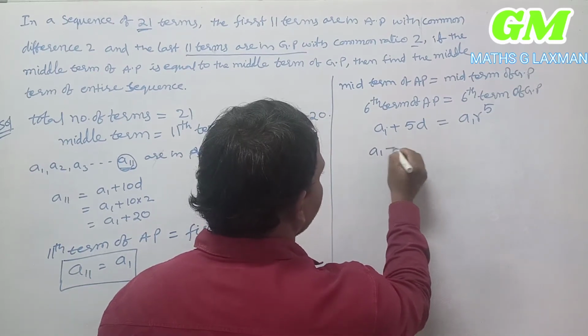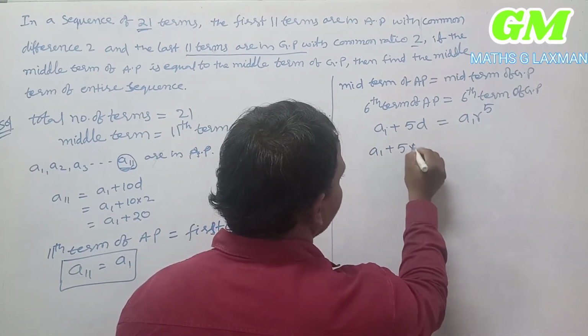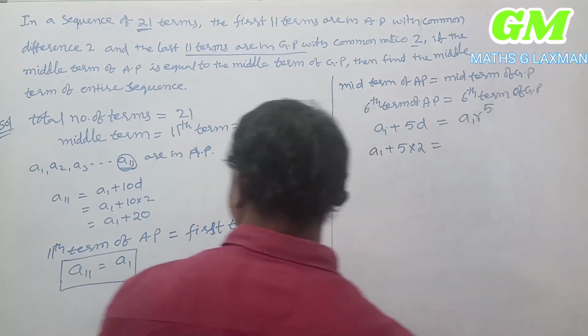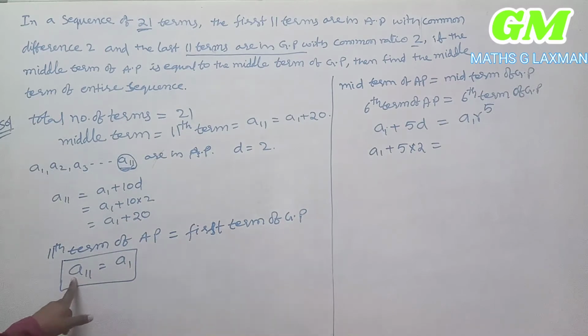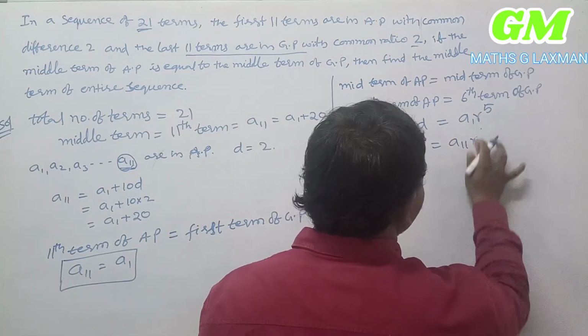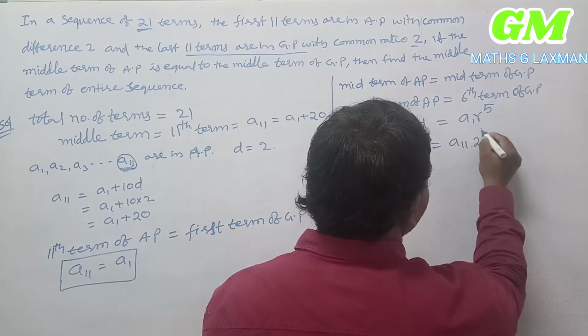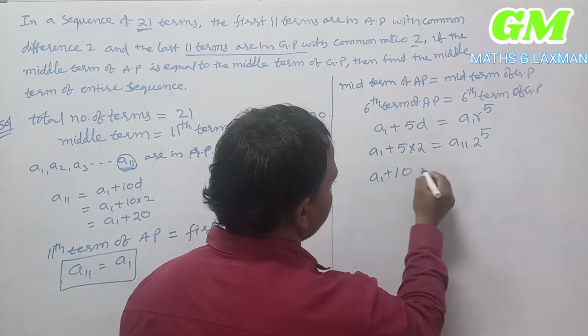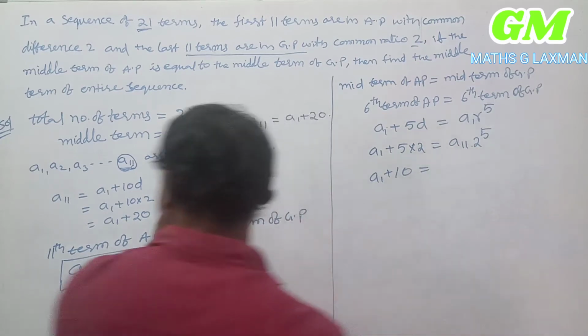So A1 plus 5 into 2, which is equal to, what is A1 in the GP? A1 is equal to A11. So A11 times R to the power of 5, here the ratio is given as 2, so 2 to the power of 5. So A1 plus 10 is equal to, but what is A11?